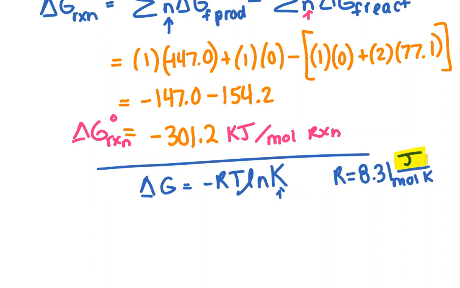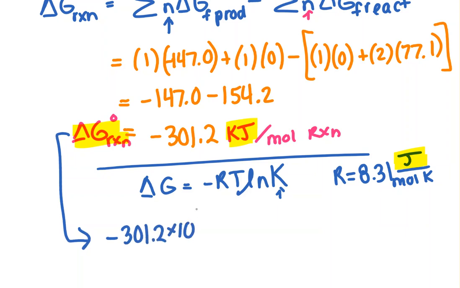But notice that this constant has joules, and we're going to need it to cancel with this. So we need to get our delta G into joules so that it'll cancel in this reaction. And so I can do that pretty easily just by doing this. So put in a 10 to the 3 to take the place of the K there.